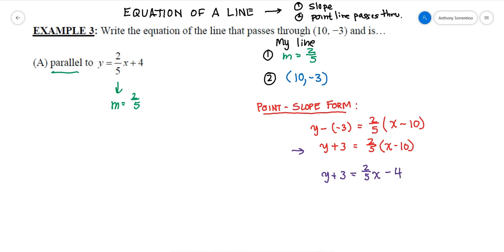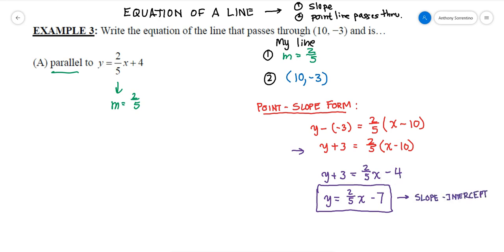And I would subtract 3 from both sides, so y equals 2/5 x minus 7. So this would also be an acceptable answer, except this is going to be slope-intercept.